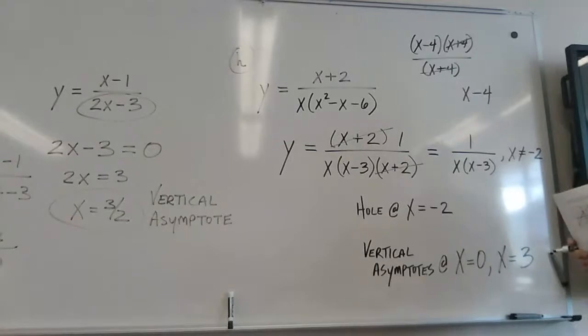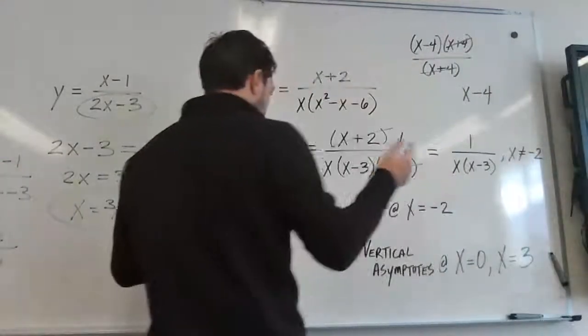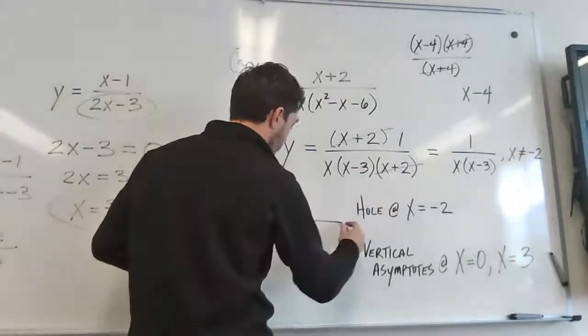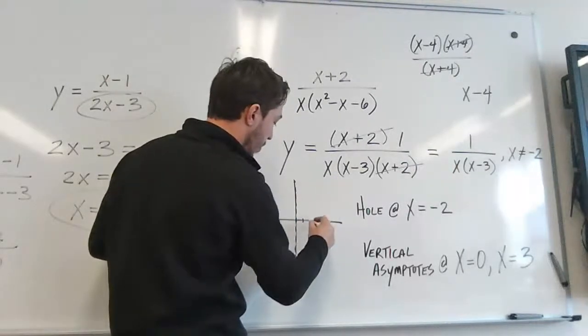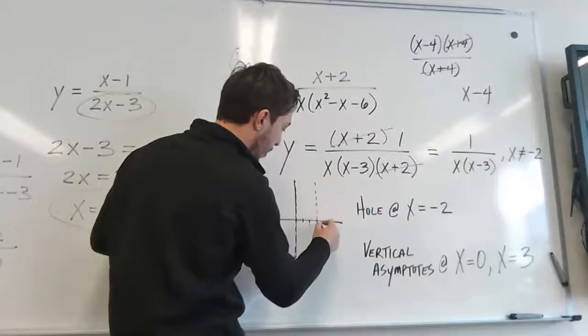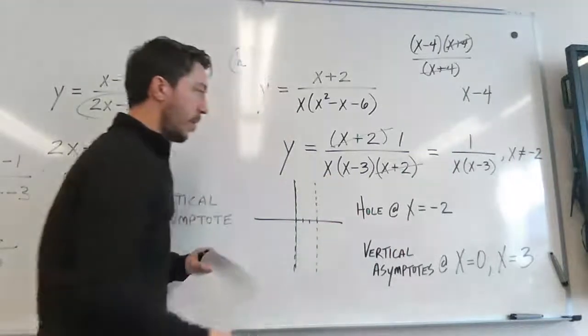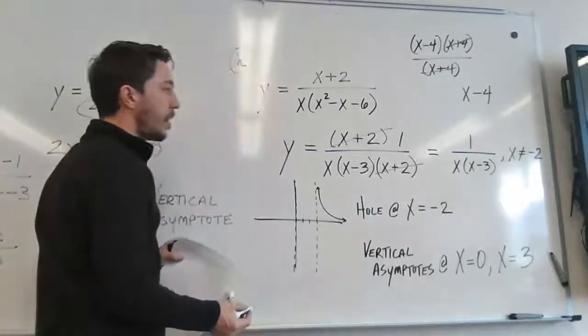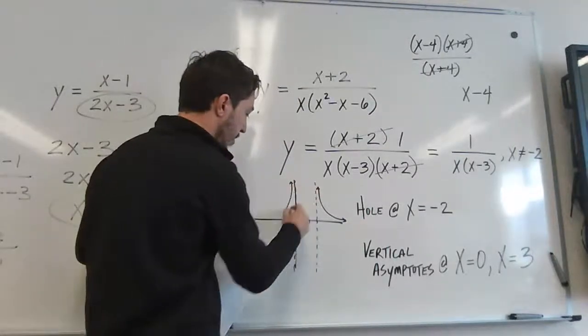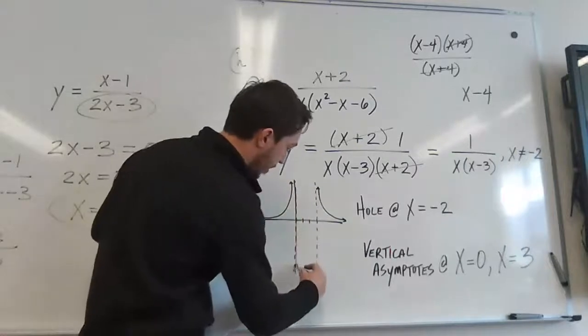So anyway, if you're wondering how this looks, I'll just draw it for you real quick. There'd be vertical asymptotes at 0 and 3. End behavior means it has to do this, and this, and there's got to be some kind of doodad in there.